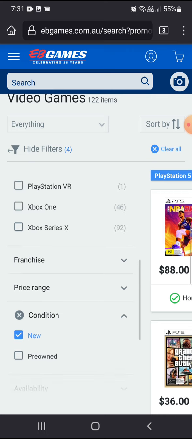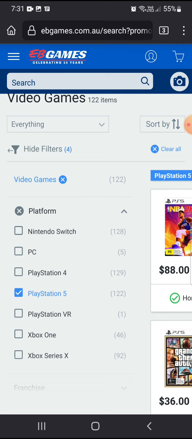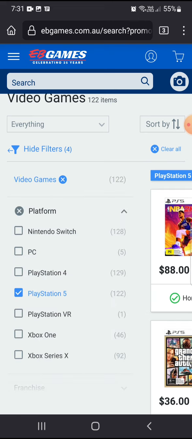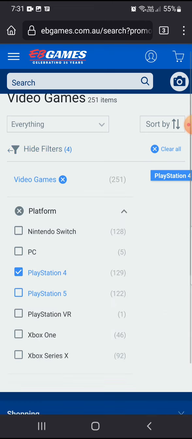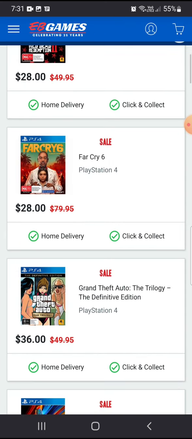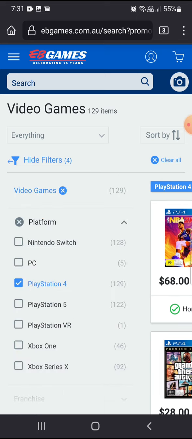So if I press, it's moving all across, which is sort of screwing this up a bit. But you can see if I go to PS5, only the PS5 games are there. There's no PS4. And if I go to PS4, there's only PS4 games in here. That's what I meant when I was referring to the way you had done it.